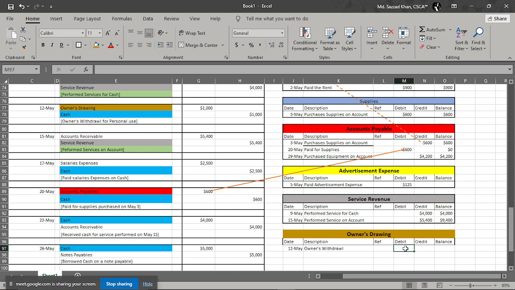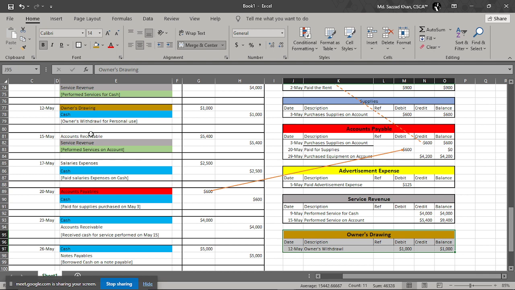So right, 1,000. Is there any other account under the name of the owner's drawing? No. So we are done with owner's drawing.